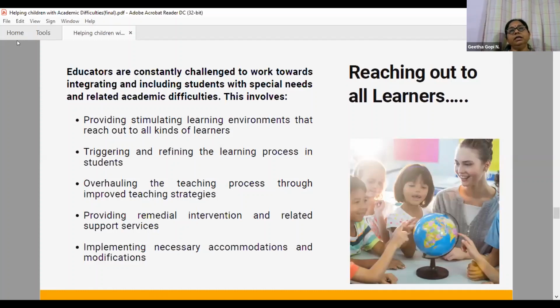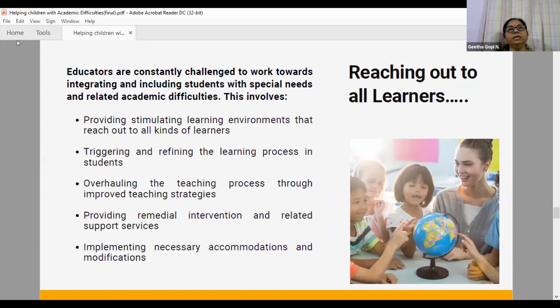Triggering and refining the learning process in students. Don't just focus on teaching academic content, rather work on the processes that are required to learn that content. For example, if the child has to read a particular story, the child requires certain skills, such as phonetic decoding skills or recognition of certain sight words to enable the child to read that story. So work on those phonics skills or those sight word skills before you actually get into the story.